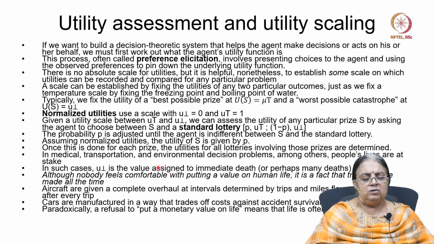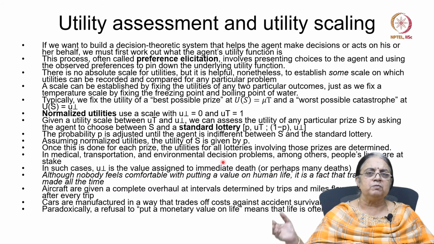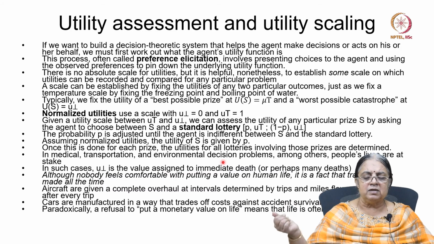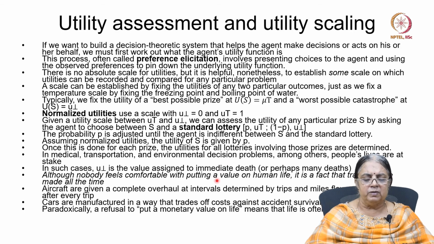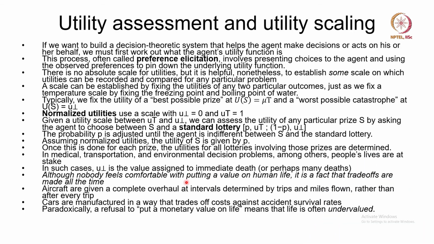If you take this worst possible, it will be the value assigned to the worst possible calamities that can happen, for example immediate death, etc. So what is done is that they do put a monetary value on life, right?